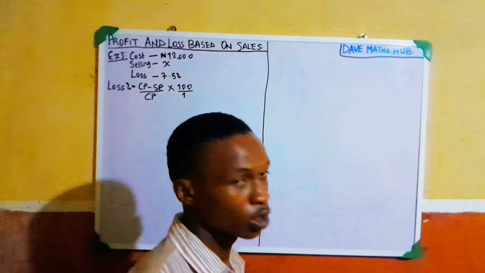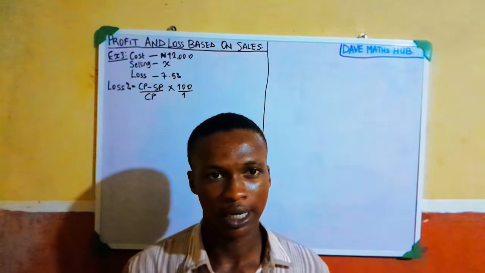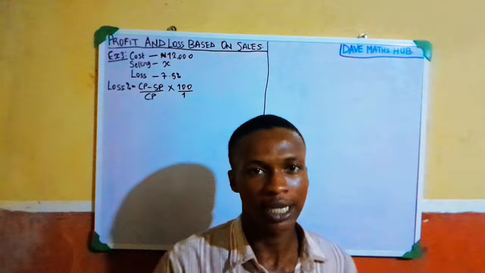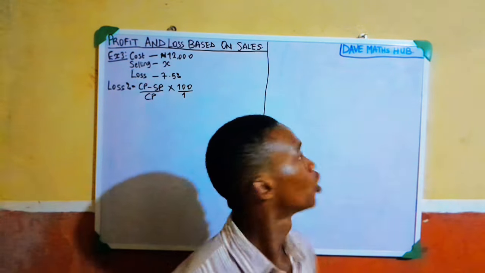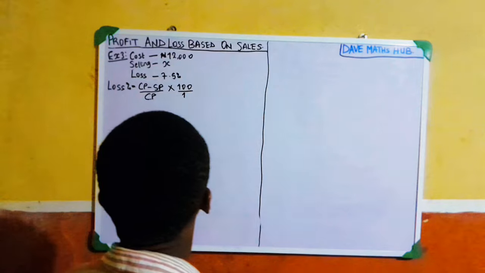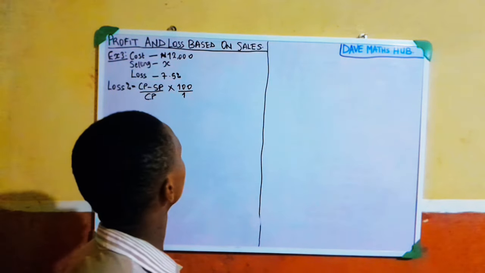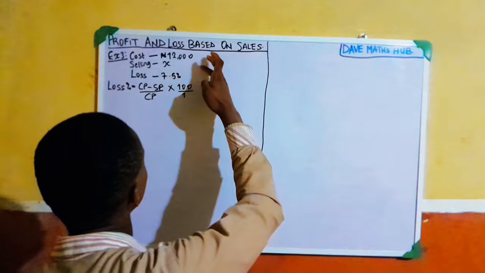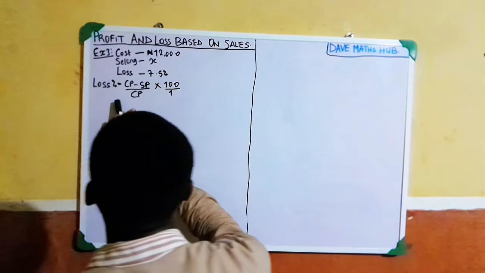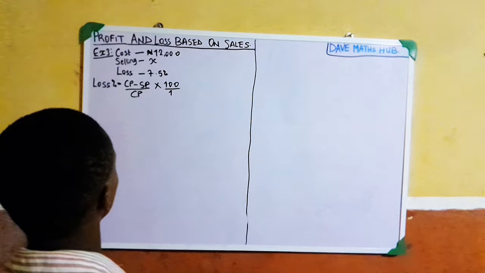Now, before we go further, whenever you buy an item, you're always buying at 100%. What do I mean? This 12,000 naira cost is at 100% because we are not told it was given any discount. Loss percentage is cost price minus selling price over cost price times 100 over 1.